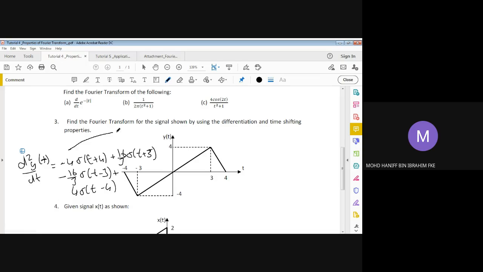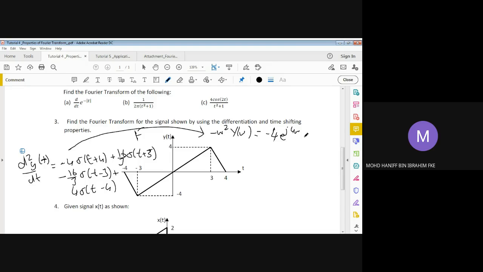So from here, when we take the Fourier transform, we are going to have negative omega squared Y(omega), and this should be equal to the transforms of all of these time domain terms. You can refer to the table. For the first term, negative 4 delta(t+4), it should be negative 4 exponential of j4 omega.